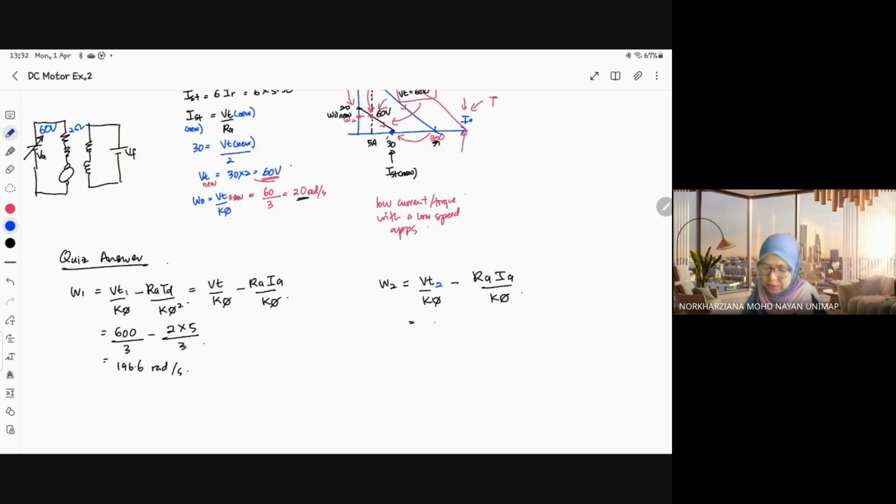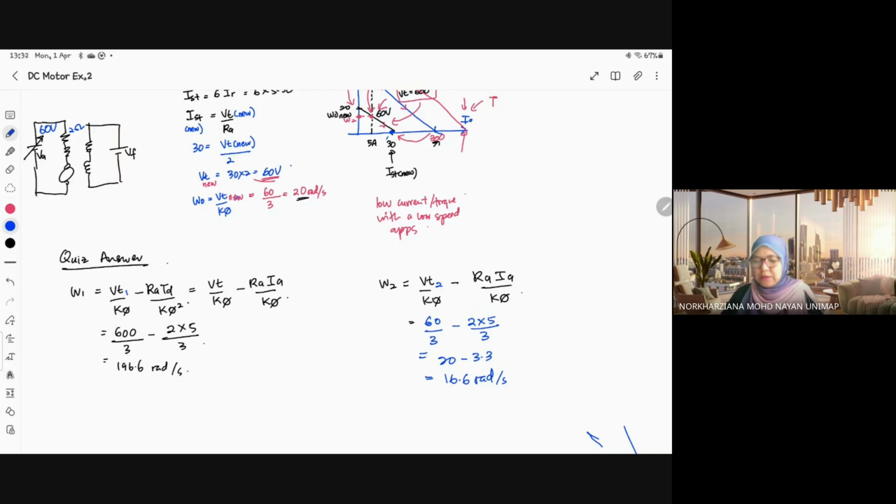So for your Vt2 is 60 volt over 3, minus Ra 2 times 5, and there's no additional resistance on the circuit, over 3. So it's 20 minus 3.3. The speed is 16.6 radian per second.